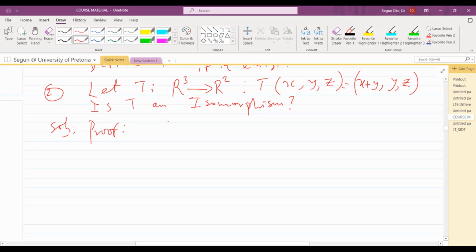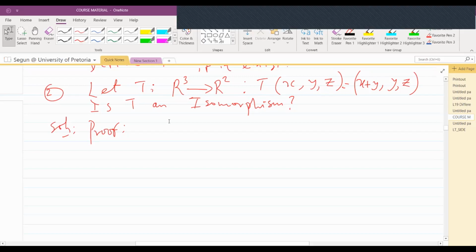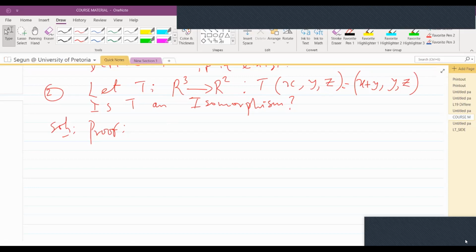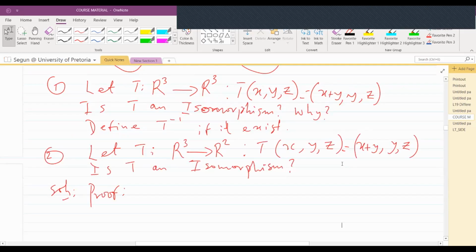Okay. Tell us, why is it linear? Because if you check for the additivity of two vectors from space 1 mapped to 2, it will definitely be linear. If you check for the scalar multiplication also, it is valid. It obeys law 1 and 2, the law of linearity.